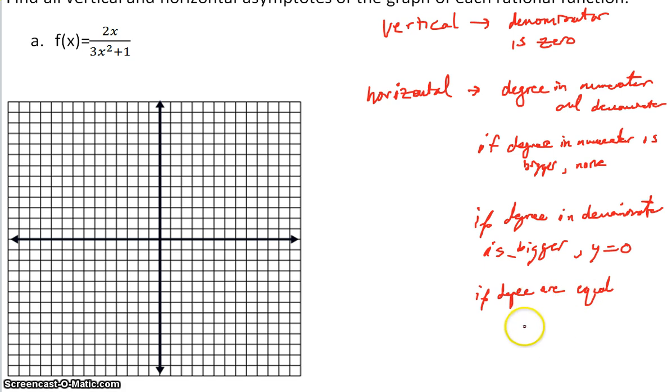If the degrees are equal, then the way that you write the horizontal asymptote is y equals the leading coefficient divided by the leading coefficient.